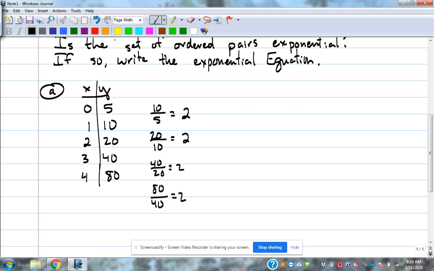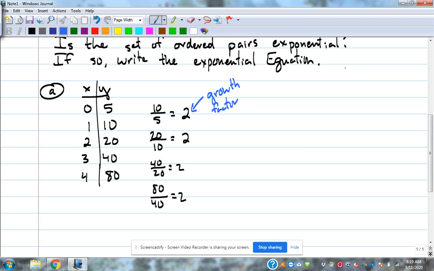It's 2. That 2 that keeps happening there is the growth factor. Because that's consistent, the ratio of our y values is consistently 2. That tells us this is exponential.